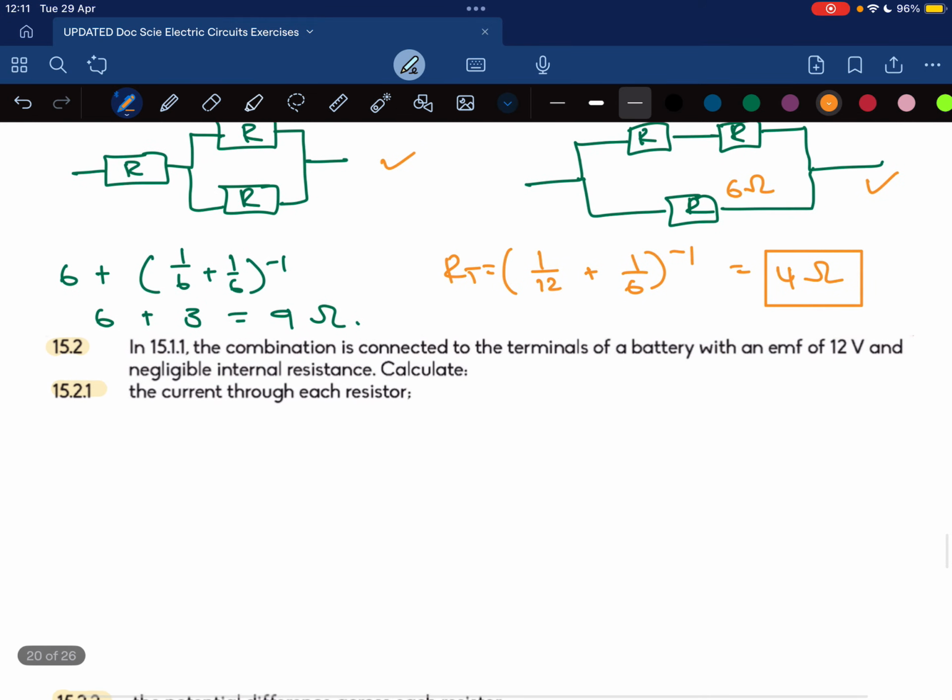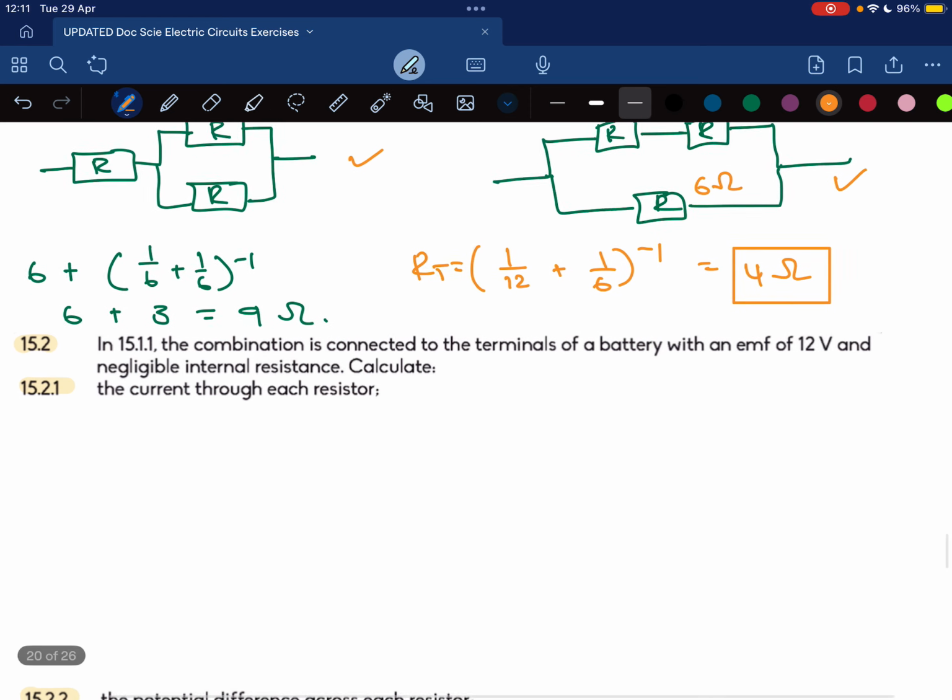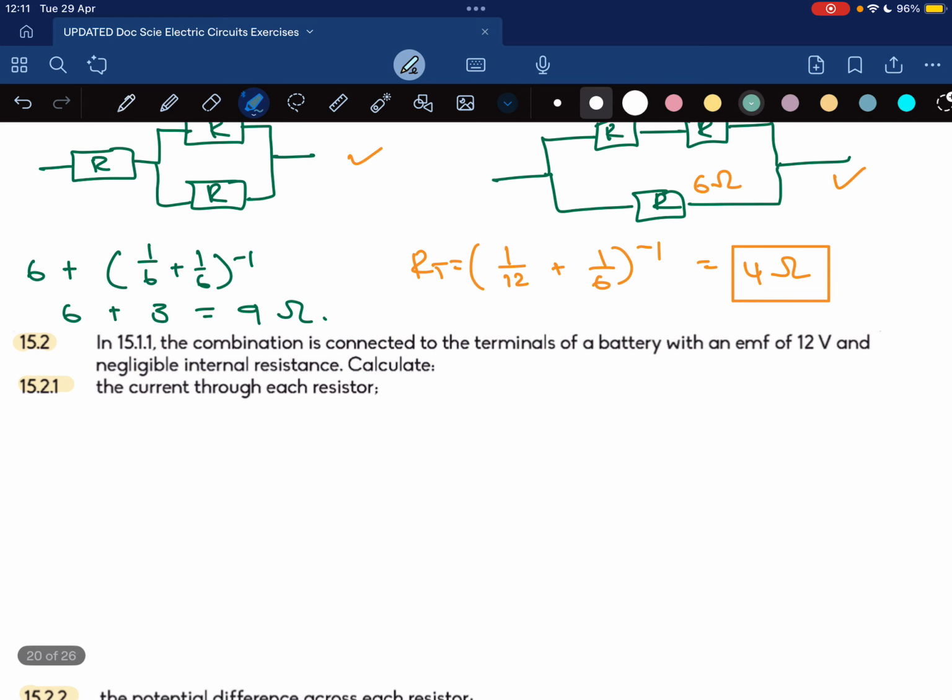Okay, so it says in 5.9.1, the combination is connected to the terminals of a battery with an EMF of 12 volts. So you were told what the voltage is here. And negligible internal resistance. They want to know what the current is through each resistor.